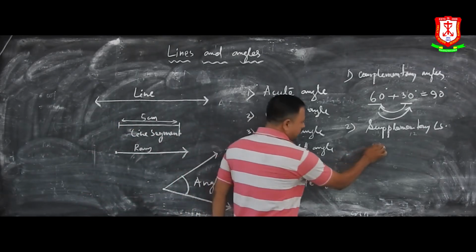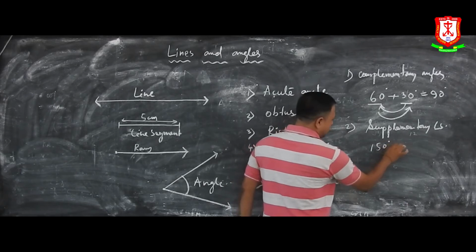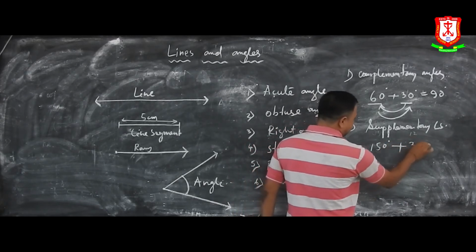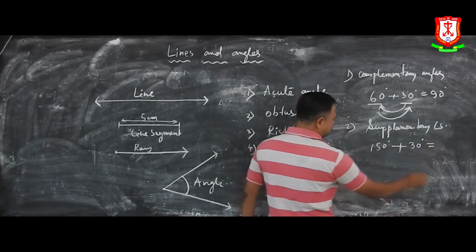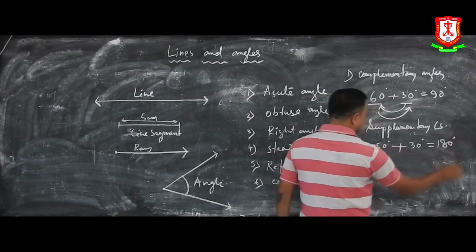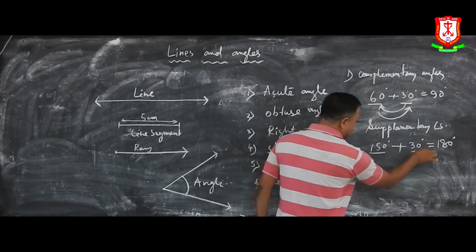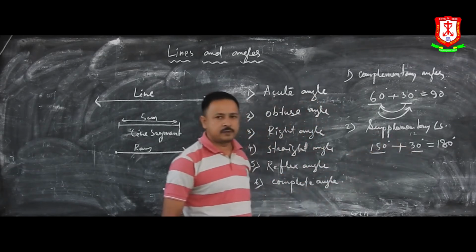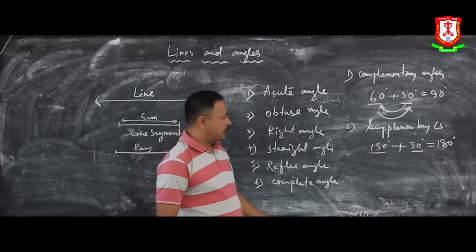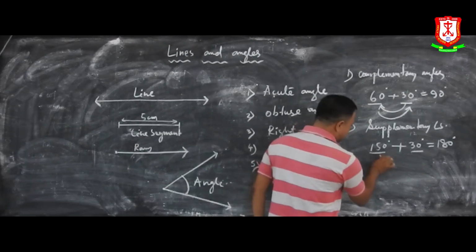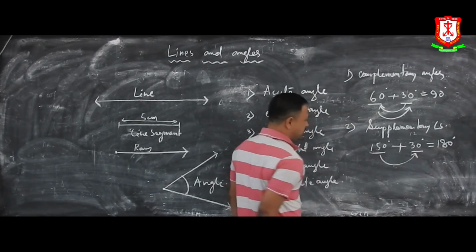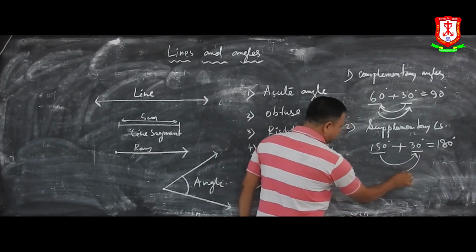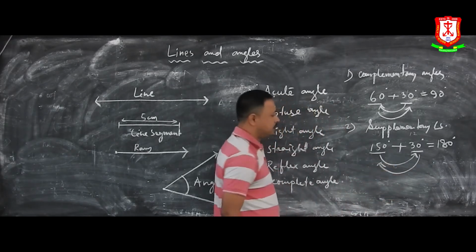As for example, 150 degree plus 30 degree is equal to 180 degree. So the sum of these two angles is equal to 180. That means these two angles are supplementary angles. And 30 is called the supplement of 150 and 150 is called the supplement of 30.